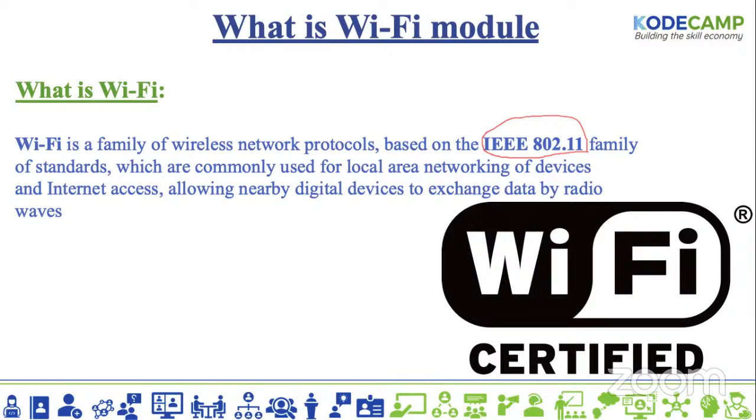Now, thanks to wireless fidelity, we no longer have to be connected to the internet via cable. A long time ago, when you wanted to browse, you had to go to a cyber cafe, and they'd give you a cable, either Cat5 or Cat6. You connect it to your device, and that's how you browse.